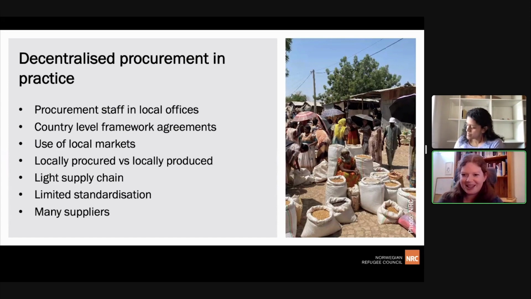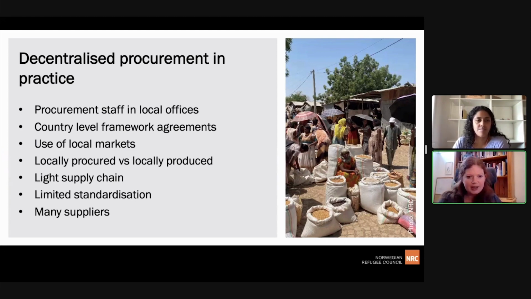However, we lose some of the advantages of standardization, both our ability to monitor the emissions or the environmental impact, but also how we can address that. With thousands of different products, it's harder to target efforts to reduce that environmental impact. We also have many suppliers, so rather than working with a single global supplier, we would need to work with suppliers all over the world.